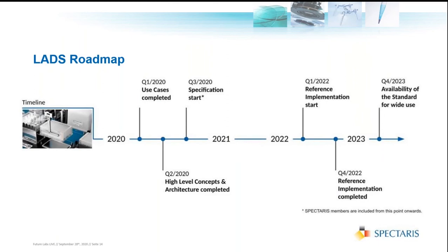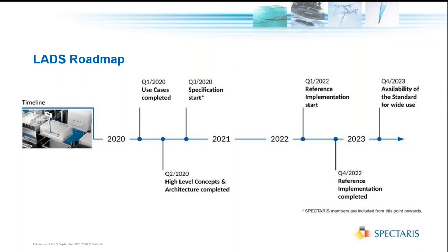The working group has already done some preliminary work to be able to start the development of the standards. Such preliminary work, for example, is the collection of use cases that we have already completed. And we have also already worked on the high-level concept and selected meaningful architecture approaches for the standard.